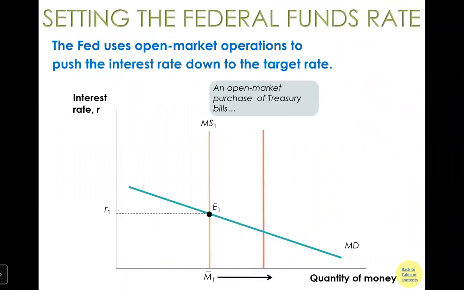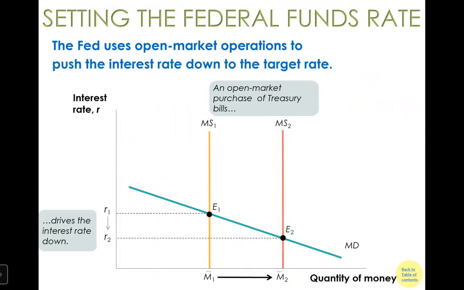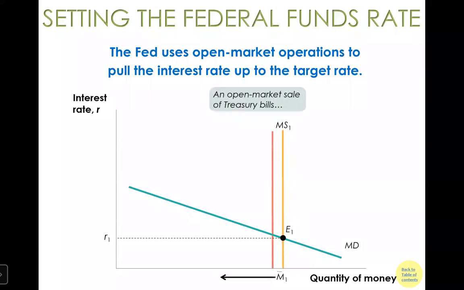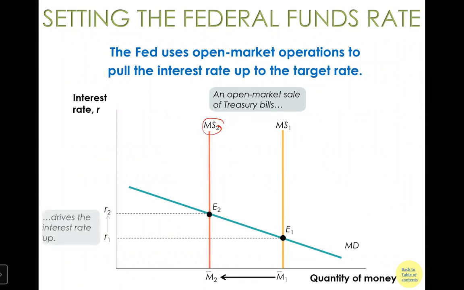On the other hand, if the Fed sells Treasury bills, then the money supply will decrease, and then the interest rate will increase.